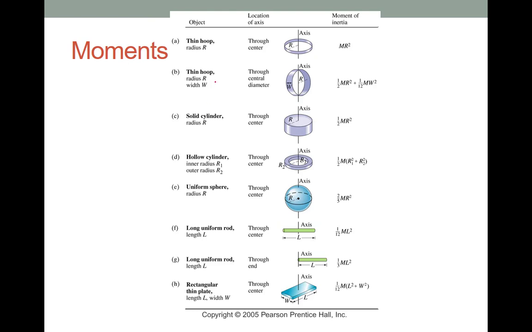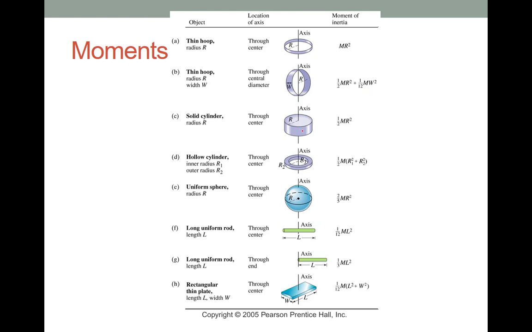So we can see if we have a thin hoop of radius r through the center, the moment of inertia is the mass of the hoop times the radius squared. If, however, we rotate that same thin hoop instead of through the center, but through this axis like this, then we get a different moment of inertia. And in this case, the width of the hoop also matters.